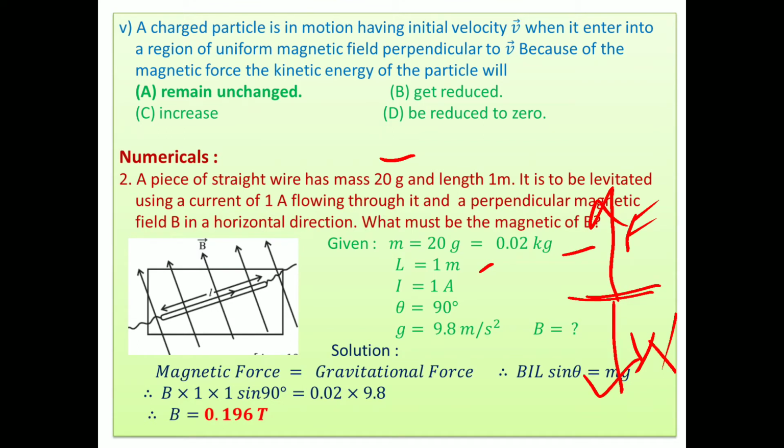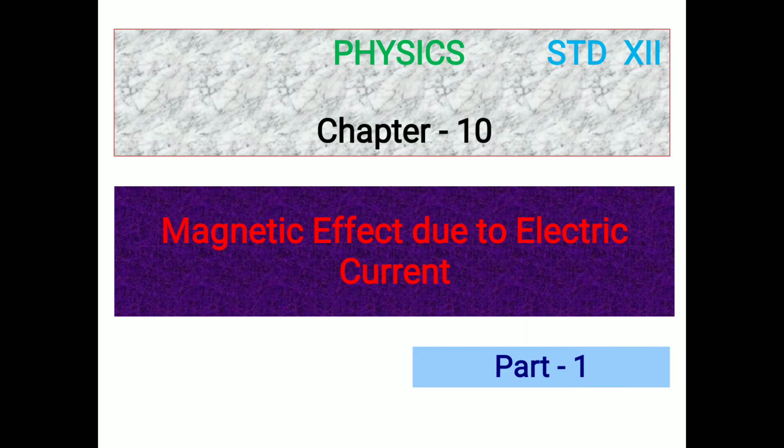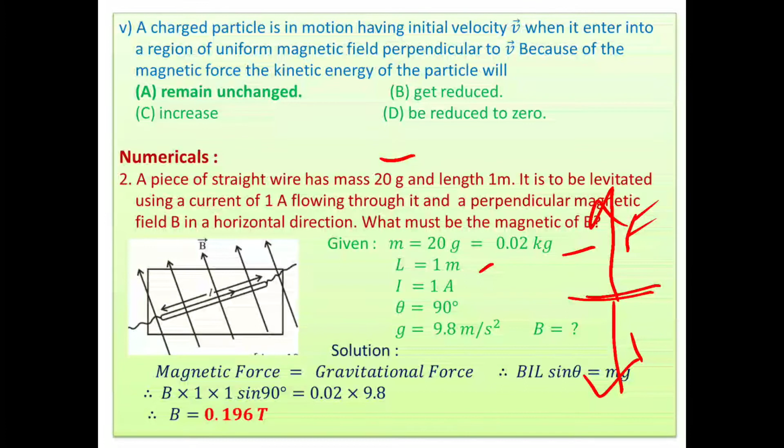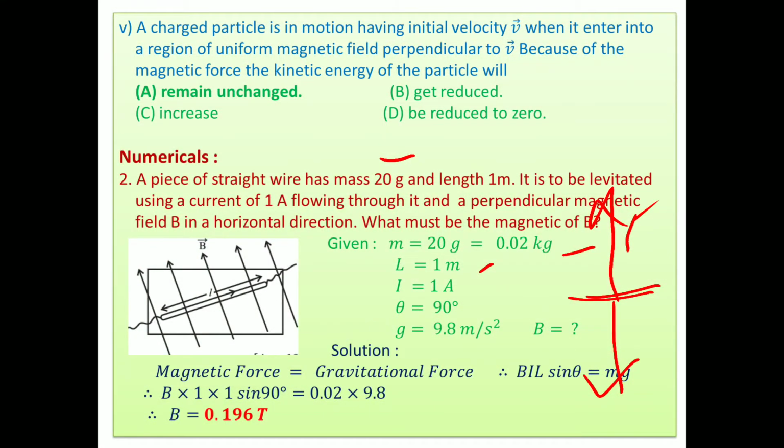Then how can we take it? Magnetic force equals gravitational force. Magnetic force is BIL sin theta, and gravitational force is mg. Then how can we take it?